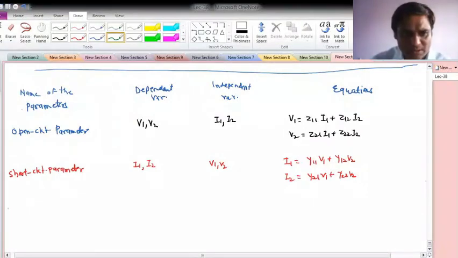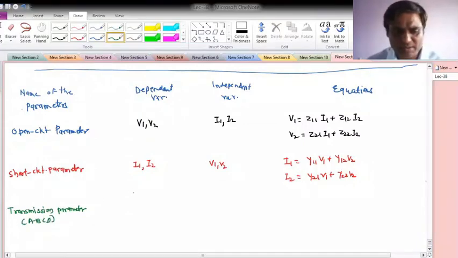Then next, the T parameter, or transmission parameter. This is basically the application parameter. So the transmission parameter, T parameter, or ABCD parameter. Here the dependent variables are V1, I1, expressed in terms of the independent variables V2, I2.